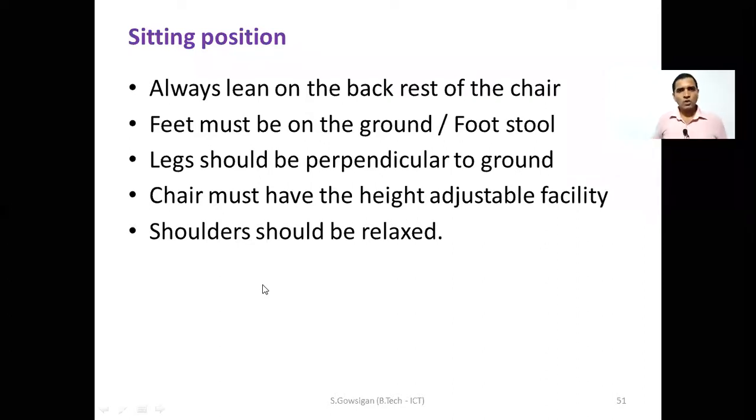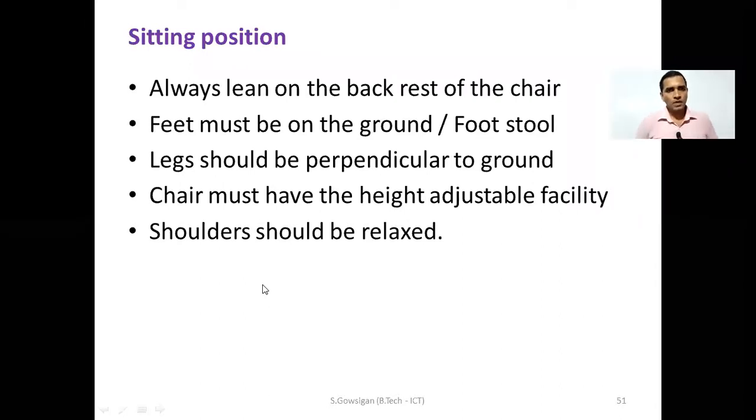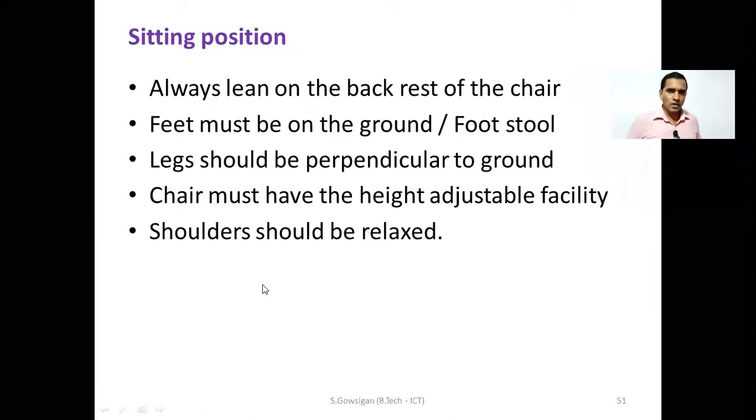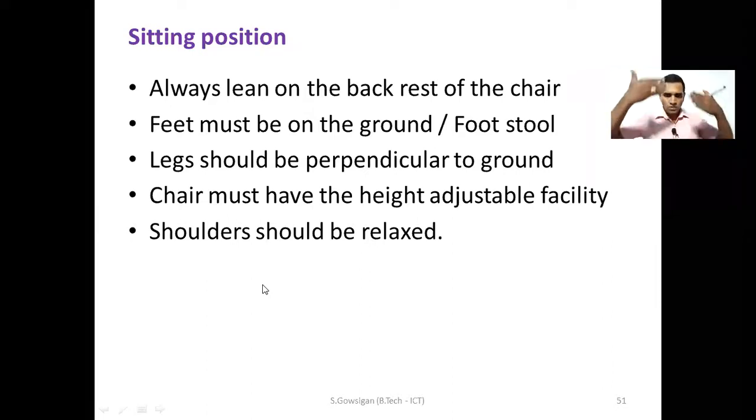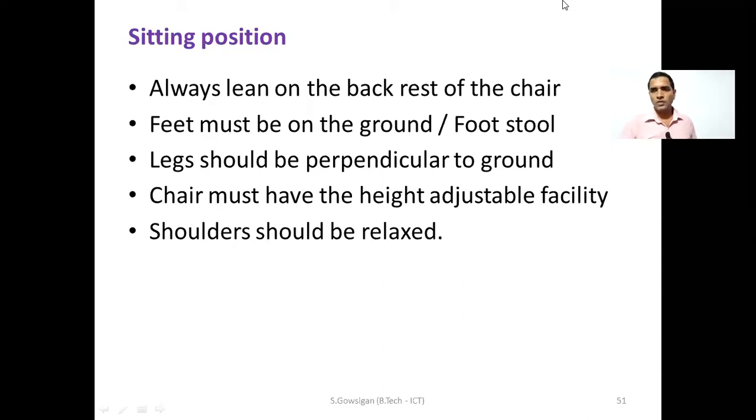You have to lean on that. That back component is called the backrest. So always lean on the backrest, because your shoulders must be straight and you must be relaxed. That is my first point. That's why a proper chair is important.